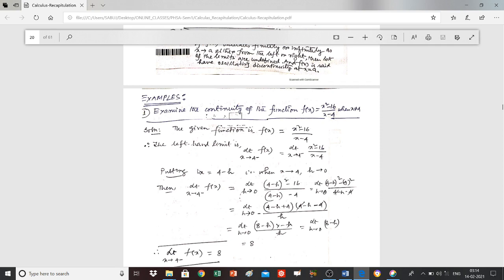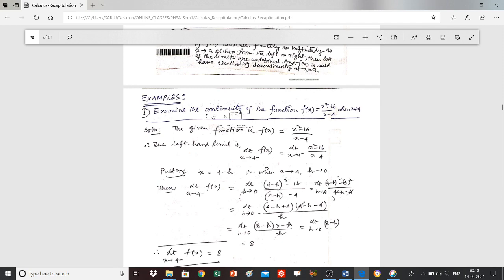Now substitute x equal to 4 minus h, and when x tends to 4 then h tends to 0. So we can write this limit as limit h tends to 0, where x is replaced by 4 minus h, that is (4 minus h) whole square minus 4 square by (4 minus h minus 4).